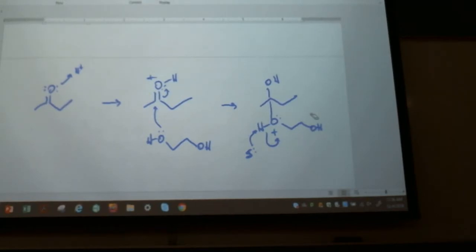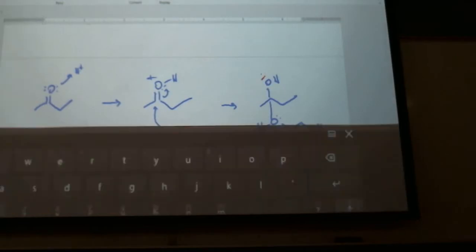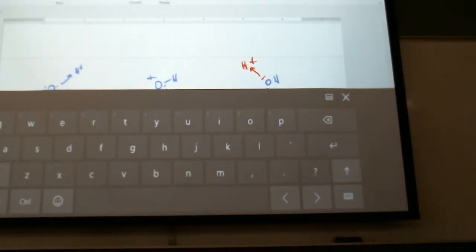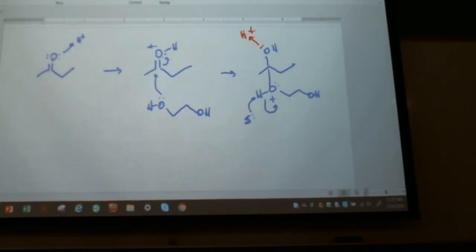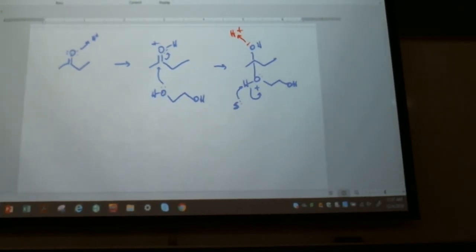How do we make this into a better leaving group? By attacking H plus. So we're going to have this attack H plus here. I could have written this in 2 different steps, but I'm trying to save some space here for rewriting. So now I would have this better leaving group, which can now attack because this is going to leave.